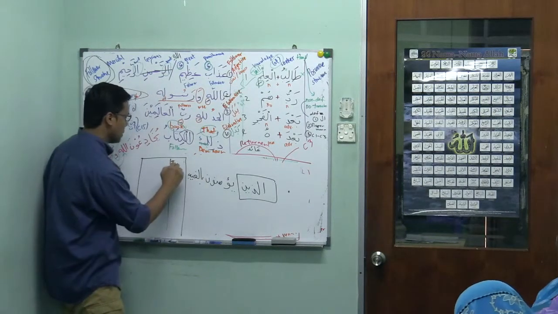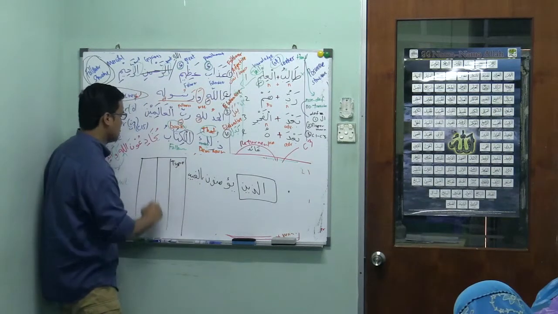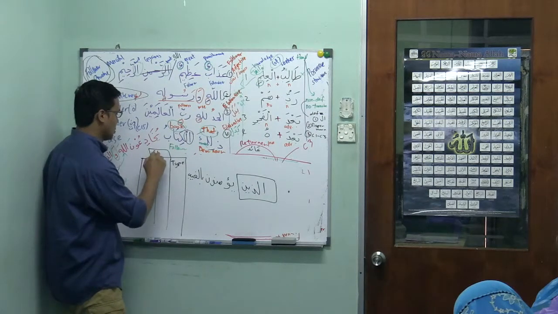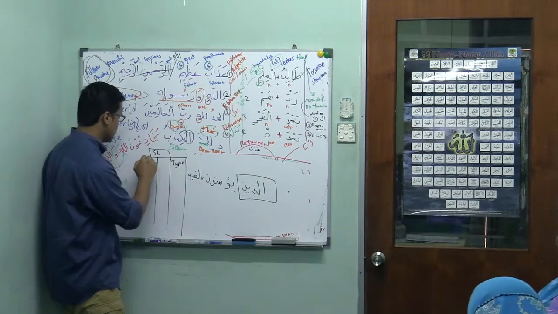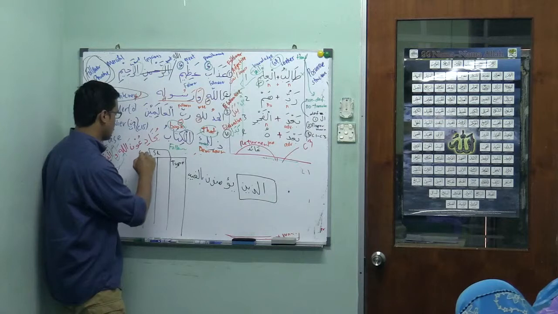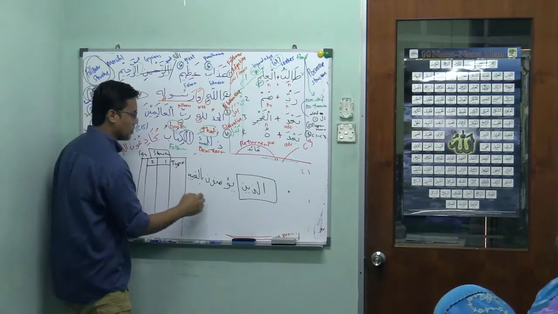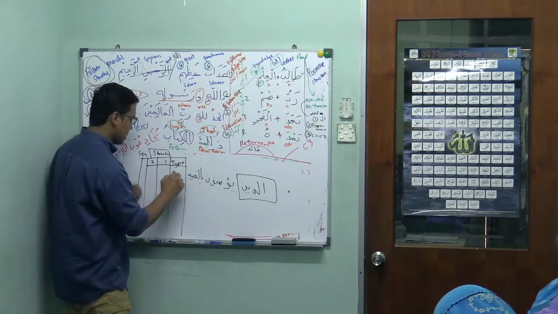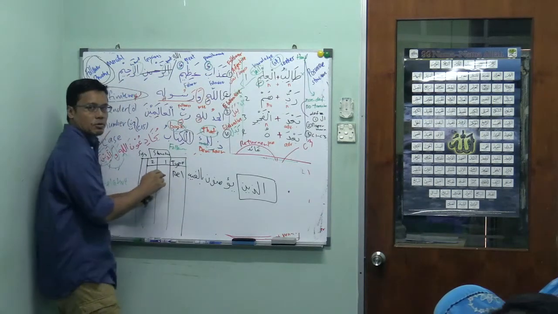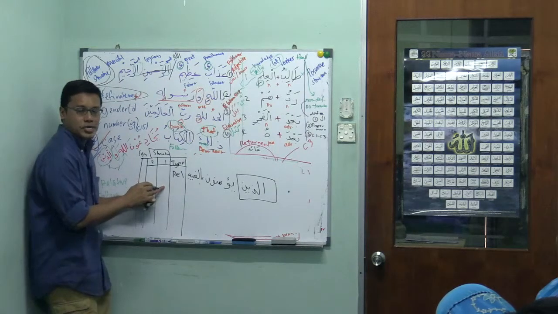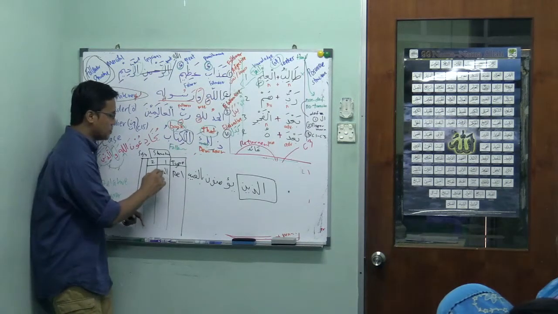There's a type and then there's a structure and then there's a signs. So you will write something like relative and then number 1 you just put alladhina.